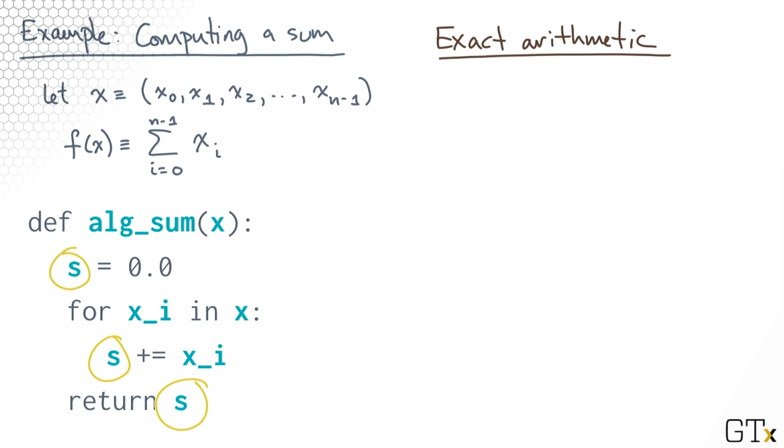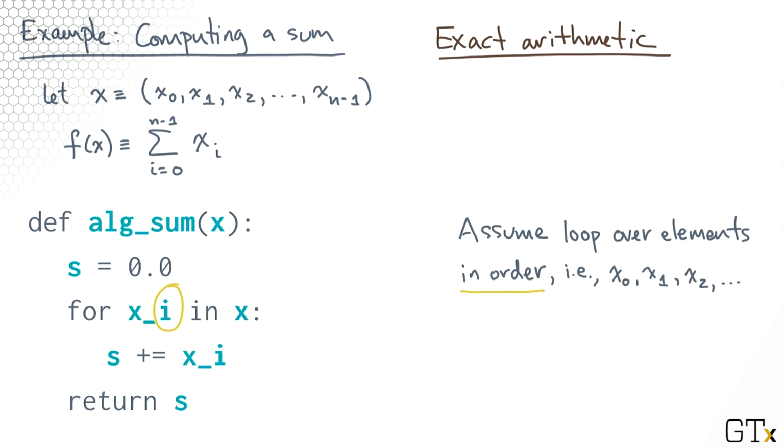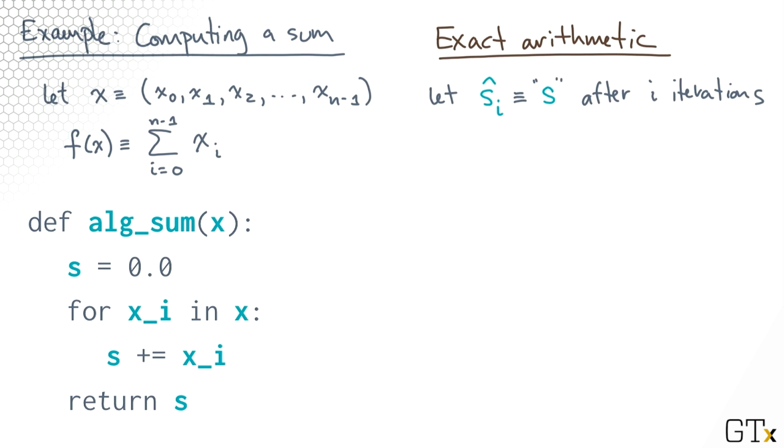Now consider this temporary variable s, which is the object that keeps changing and eventually holds the output. Let's start with an assumption about this loop. In particular, suppose it produces the elements of x in order, meaning x0, then x1, then x2, and so on. Next, let s hat sub i denote the value of the variable s at the end of each loop iteration.